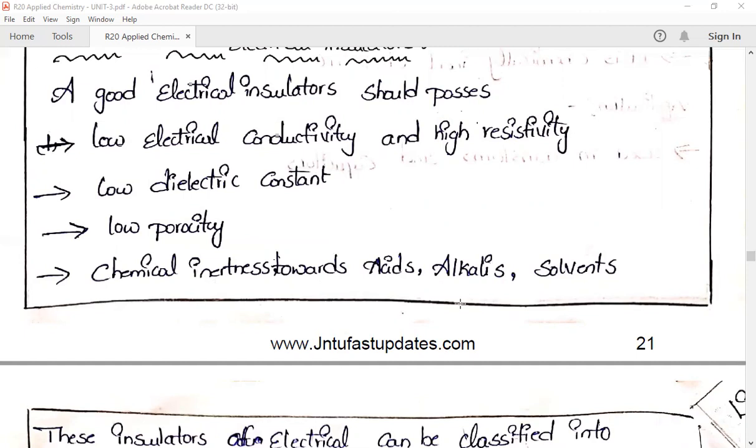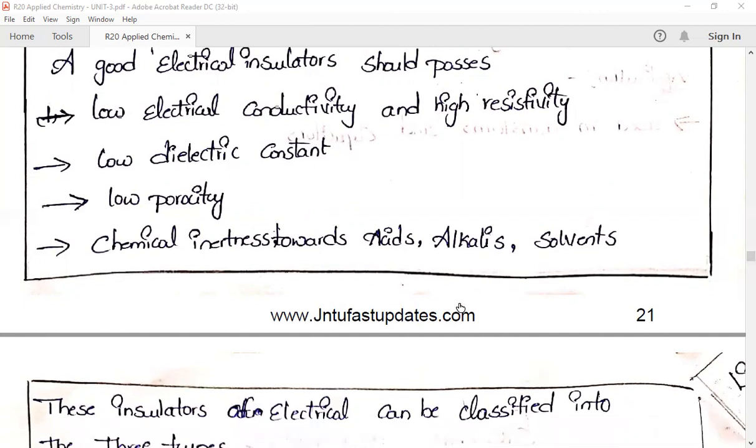Due to continued working at elevated temperatures, certain insulators become weak and less serviceable, particularly in contact with the oxygen or air of the surroundings. This phenomenon is called thermal aging of an insulator. So this is about the characteristics of a good insulator.